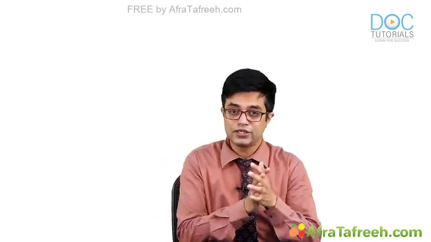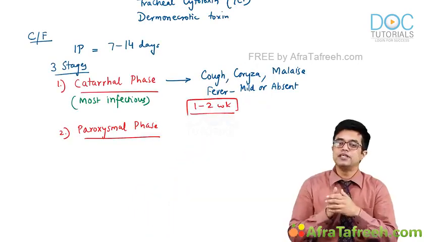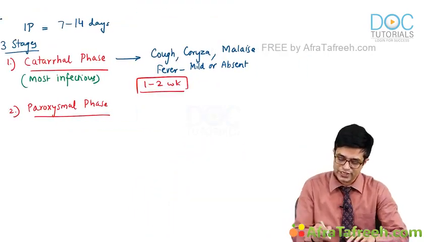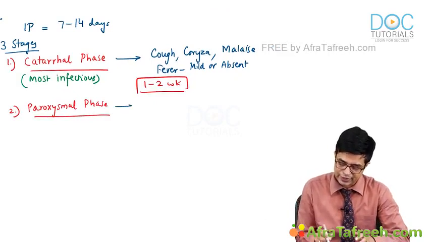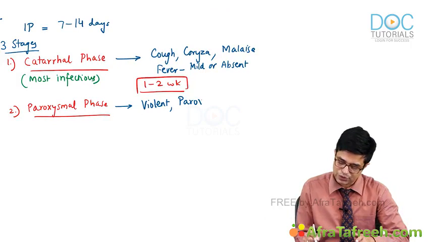It can happen at any age, but is usually common in unimmunized, partially immunized children in the first 10 years of life. Violent coughing, low-grade fever, sore throat not prominent, and associated with inspiratory whoop. So what are the points that you should remember? It is characterized by violent paroxysmal cough. Paroxysmal means episodic.